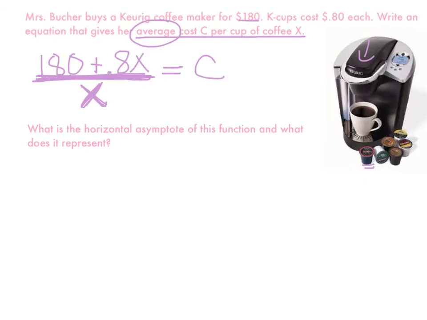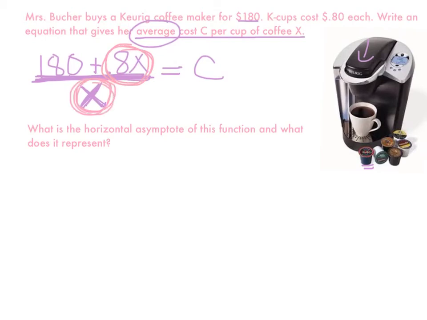So now I want to know, what is the horizontal asymptote of this function, and what does it represent? So we know it's a rational function, which has an asymptote, and we want to know why, and what does it mean? So remember, when you were looking for the horizontal asymptote, you're looking for a Dolly Parton or J-Lo, and we look at the x's here. And we've got a linear on top and a linear on bottom.